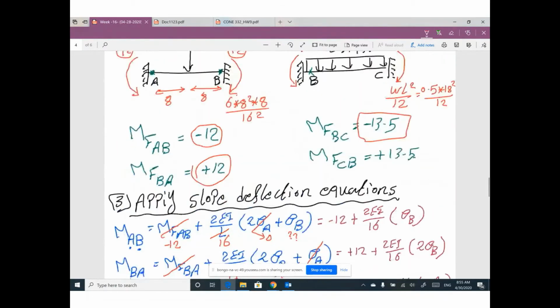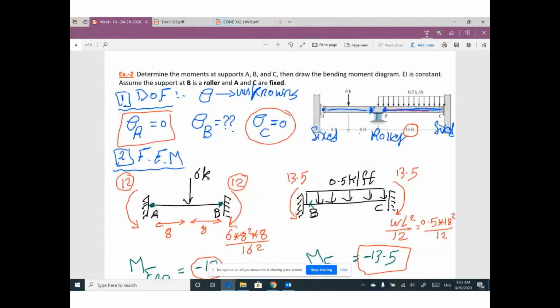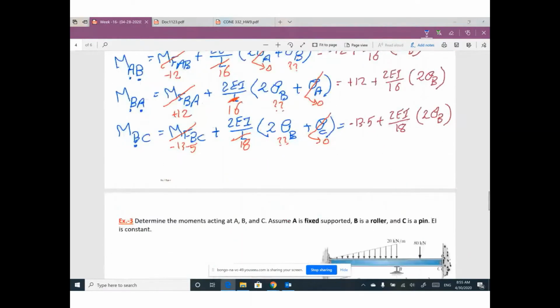For the same member BC, we need to talk about this side, which is called MCB. So finally, MCB will be M fixed CB plus 2EI divided by L times 2 theta for the first point, theta C, plus theta for the second point, B. Put your number.